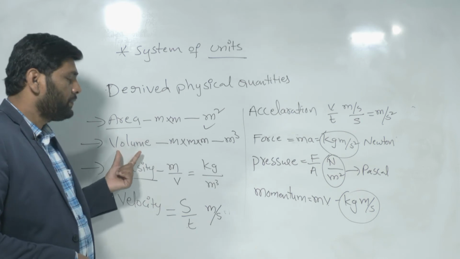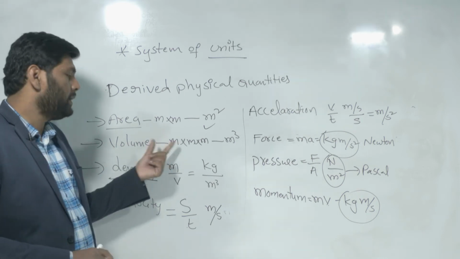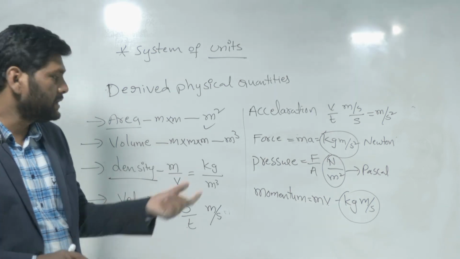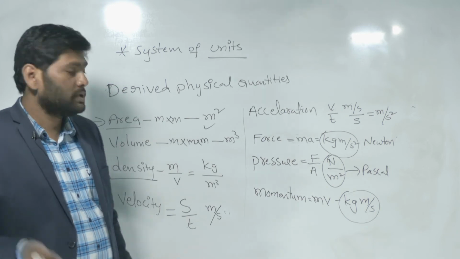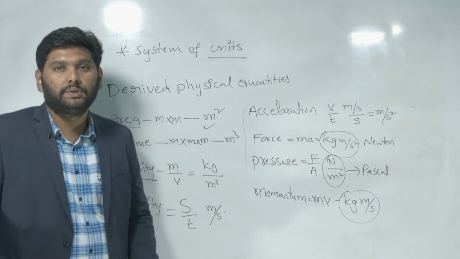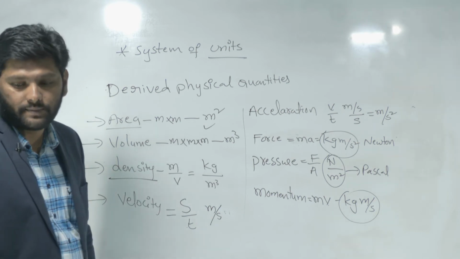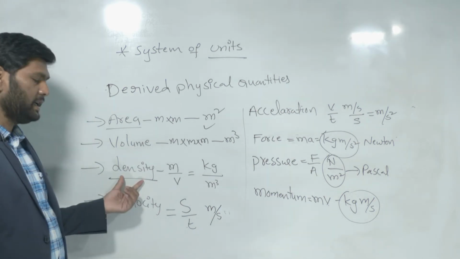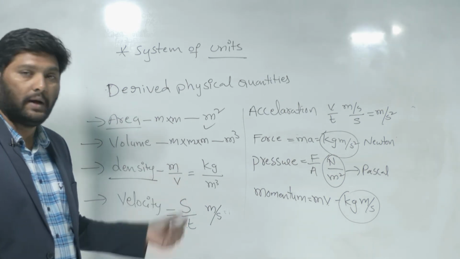Coming to volume, it is nothing but length into breadth into height. Length units are meter, breadth units also meter, height units also meter. So combined it becomes meter cube. That is how I applied fundamental units to write derived units. And coming to density, the density formula is mass per unit volume.